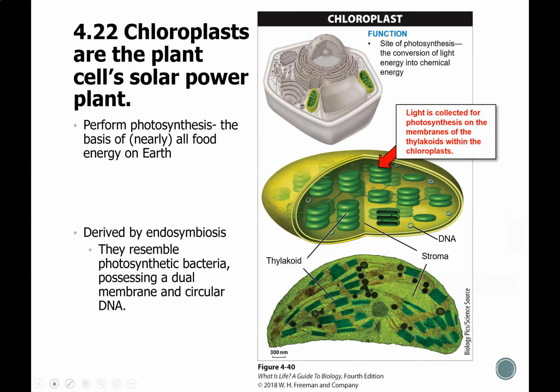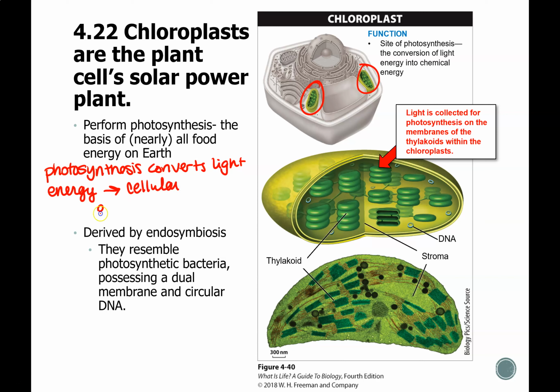All right, so chloroplasts. Chloroplasts are probably the main thing that makes a plant special. These little green guys here. Chloroplasts are what give plants their green color. And chloroplasts perform photosynthesis. Now, photosynthesis is where the plant converts light energy into cellular energy.